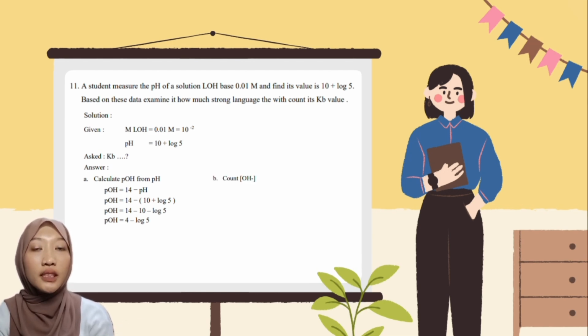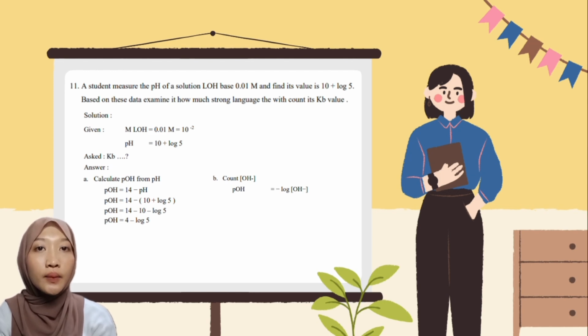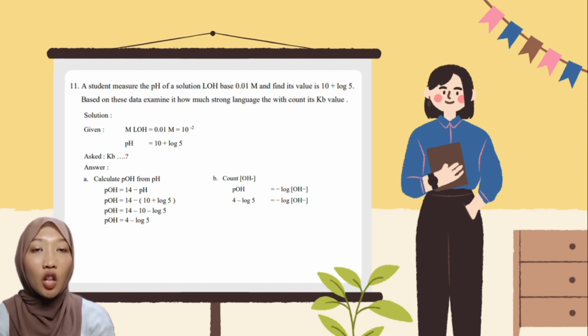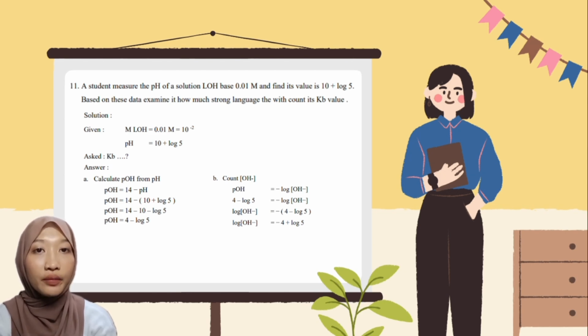Next, calculate the concentration of OH minus with the formula pOH equals minus log concentration OH minus. 4 minus log 5 equals minus log concentration OH minus. Log concentration OH minus equals minus 4 plus log 5.